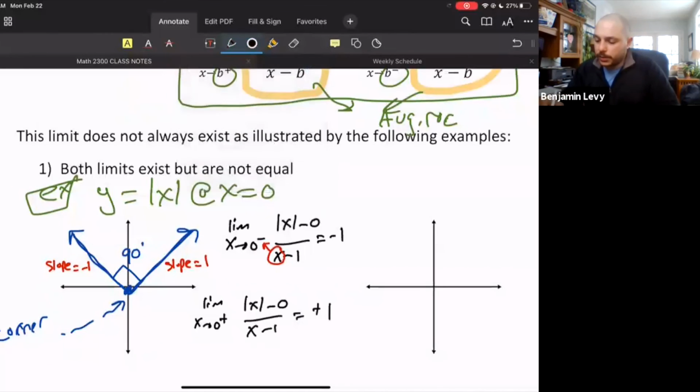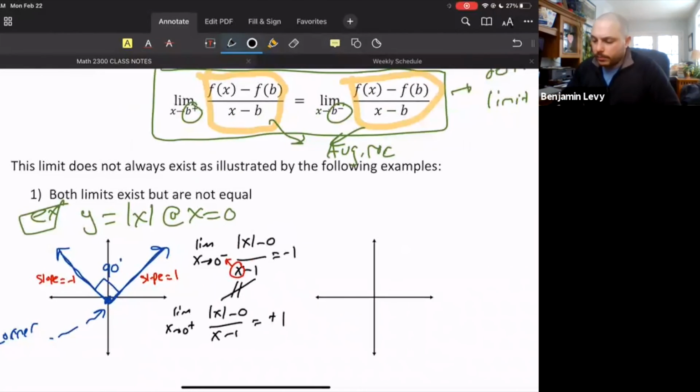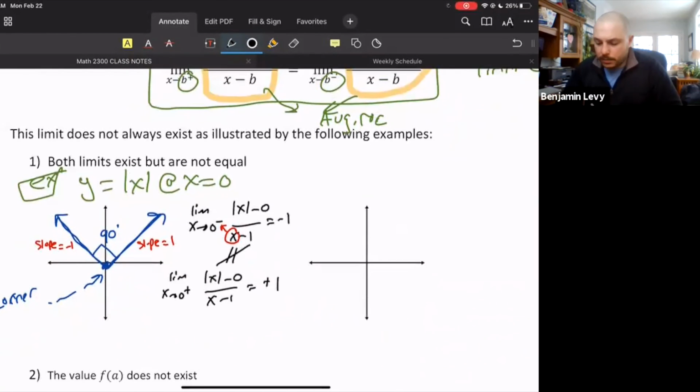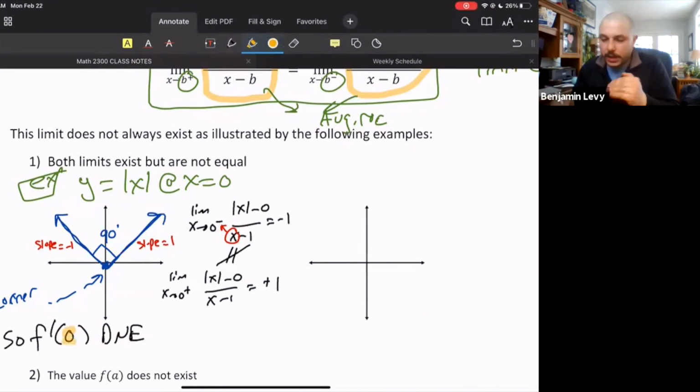And so since those two things are not equal to each other, the derivative doesn't exist at 0, at the point 0. And it's because of that corner. It's because the corner switches you directly from a slope of -1 to +1 right at that point.